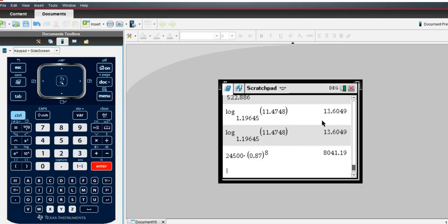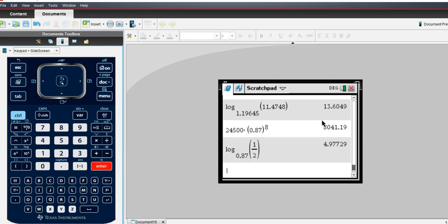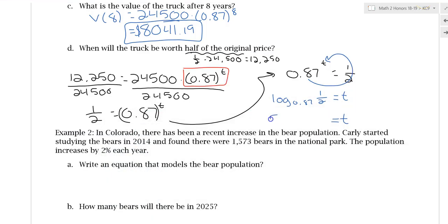And I'm just going to type that in my calculator. Again, the log is here. Log base 0.87 of 1/2. Right? And we get 4.9777, which we are going to round to 5 years.